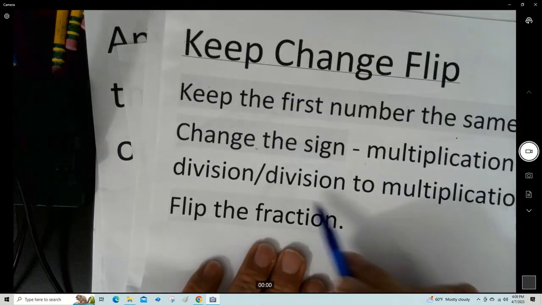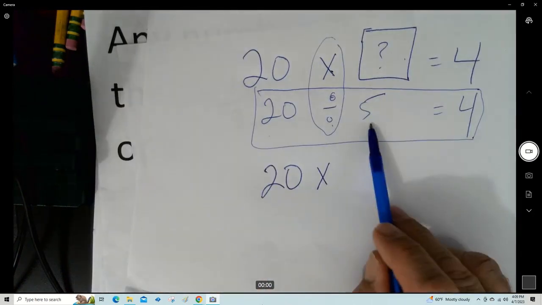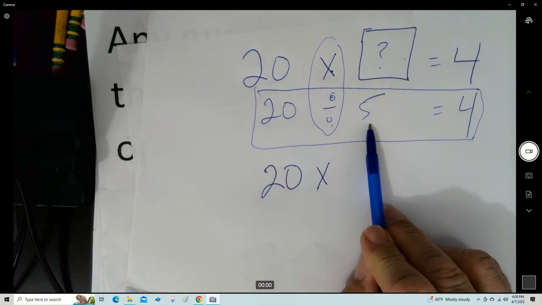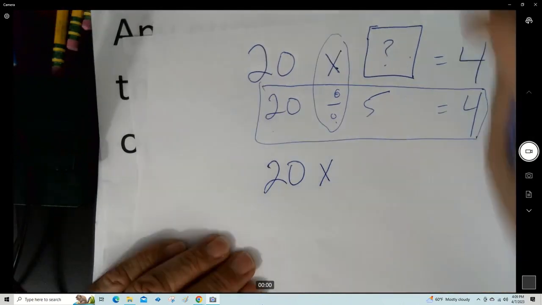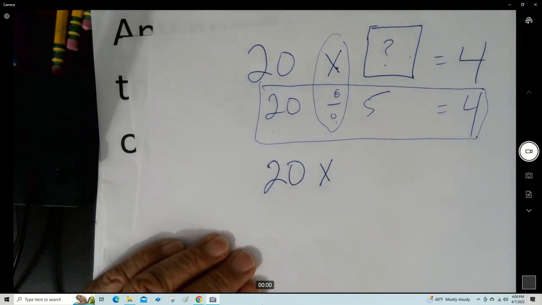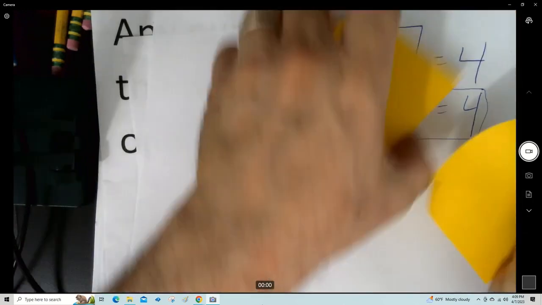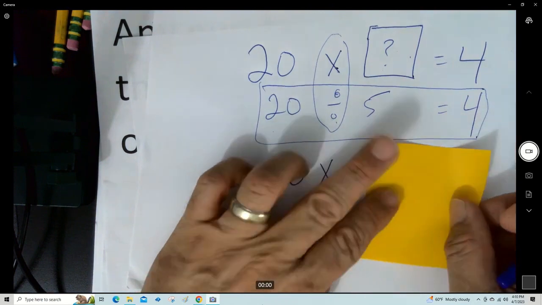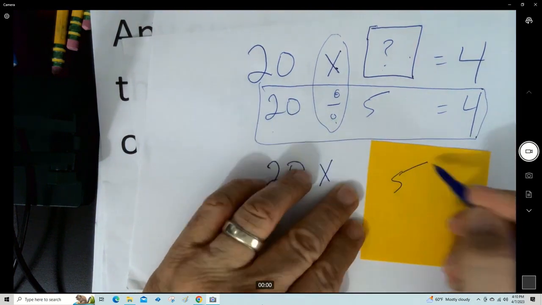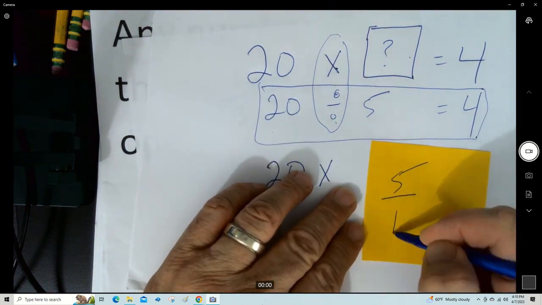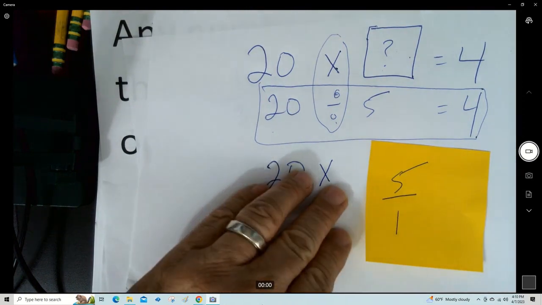Then it says, flip the fraction. Well, that second number, you say, wait a second, that's not a fraction. But again, the more times we go over it, every whole number is a fraction, or at least you could write it as a fraction. So if we take 5, we have to divide it by 1. That's one of our 3 rules.